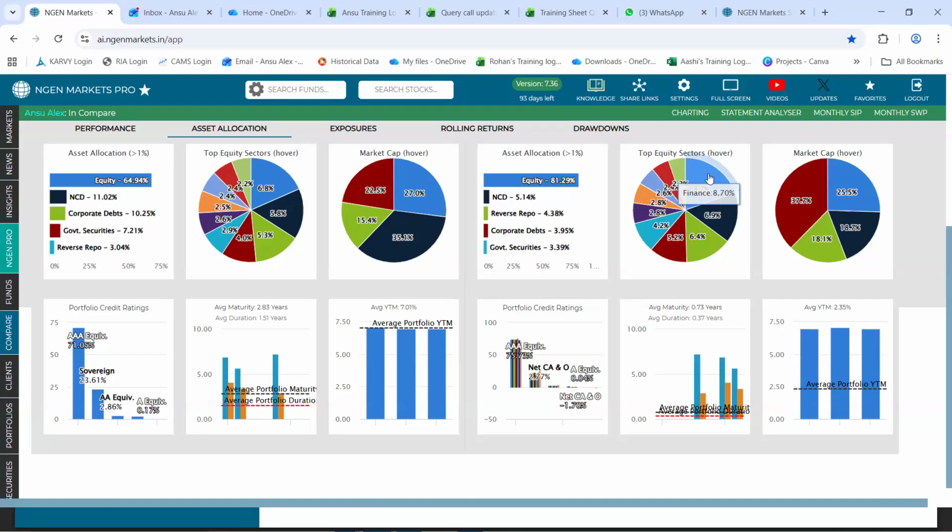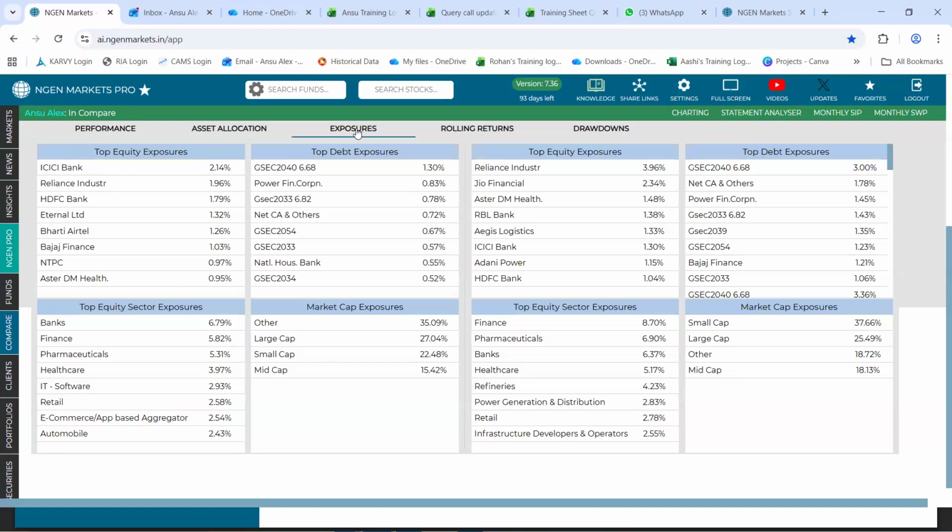Now, within these sectors, if you want to see the underlying stocks that have exposure to these portfolios, you can come to this exposure tab. This section will let you know the top equity exposures, the underlying components that have exposure to each of the portfolios.